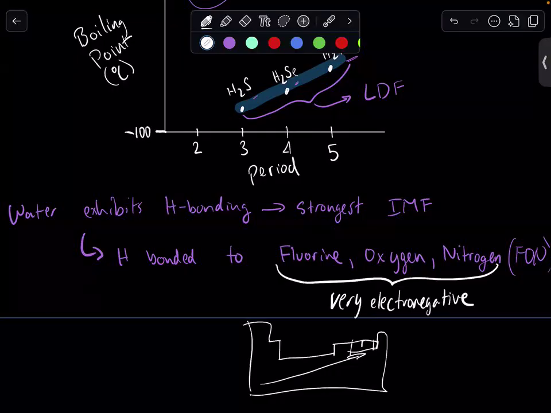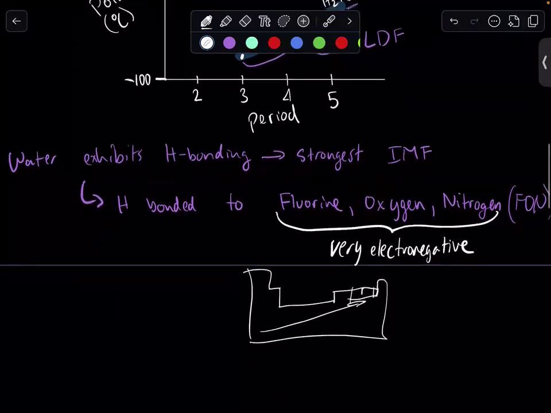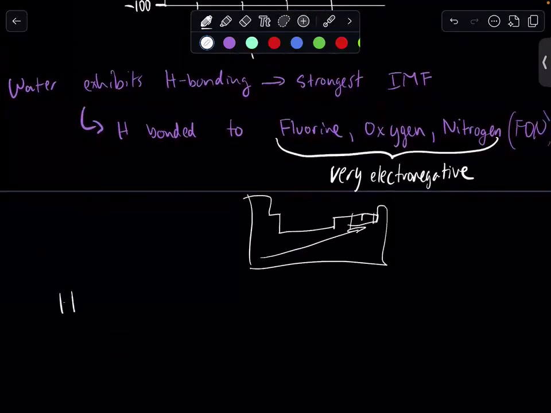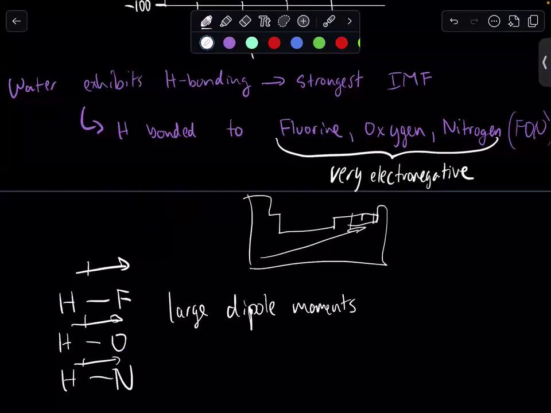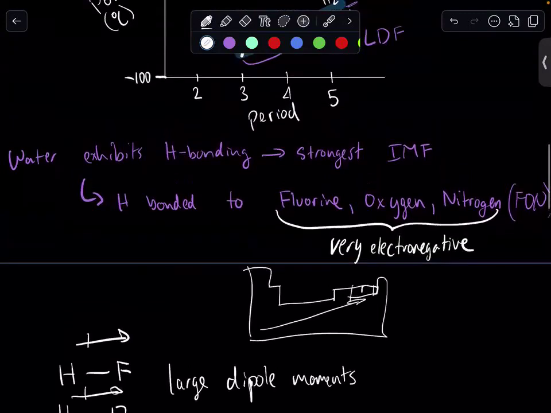So that means the dipole moment within water, or the dipole moment between H-F, H-O, or H-N, are going to be very large dipoles. So they all have very large dipole moments. But the thing is, we can get large dipole moments from a lot of things. So there's something else in particular.